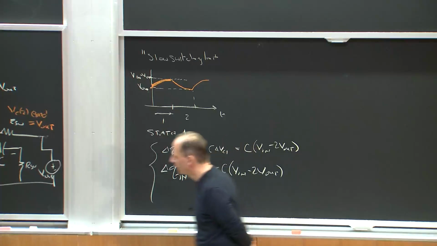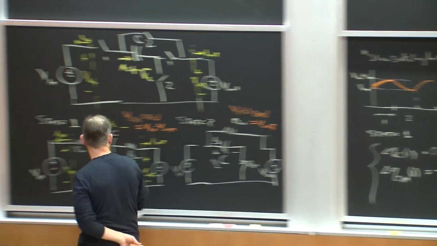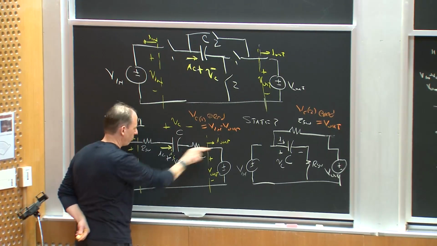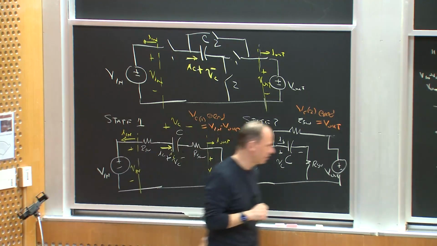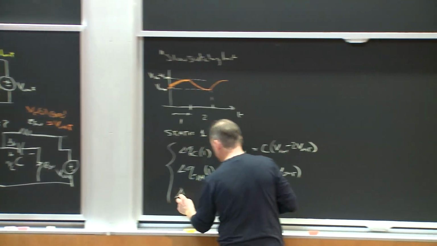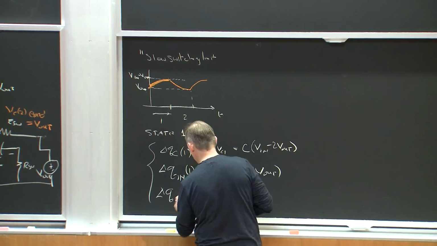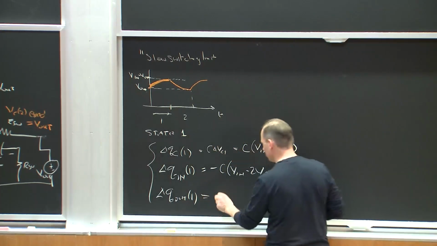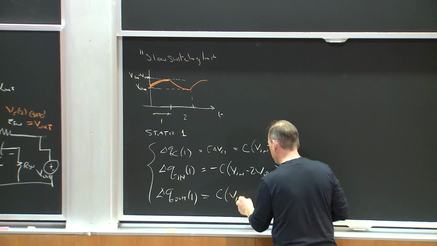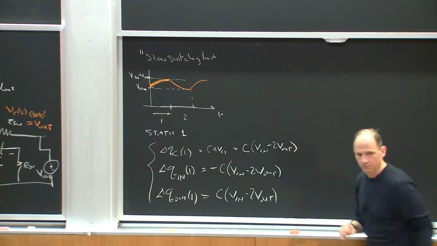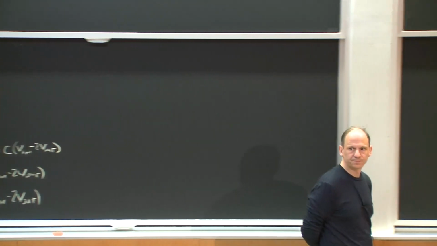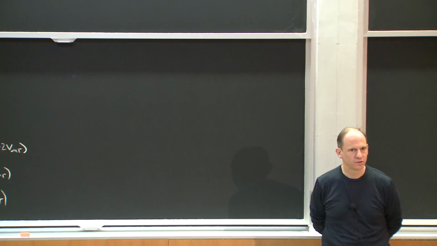Likewise, the charge transferred into the output during state 1 is exactly equal to the charge transferred onto the capacitor, so delta Q out in state 1 is C times V in minus 2V out. Does that make sense to everybody? Any questions?